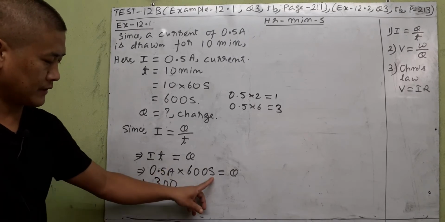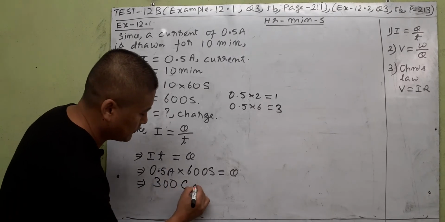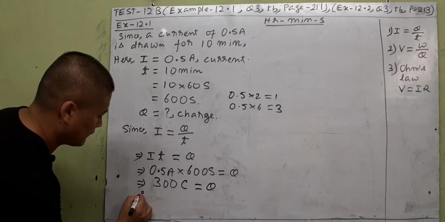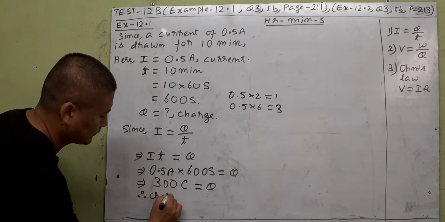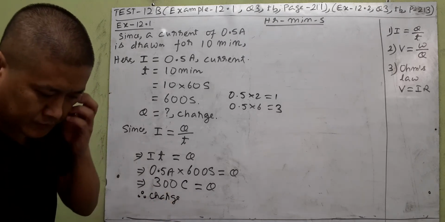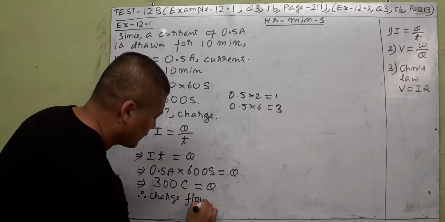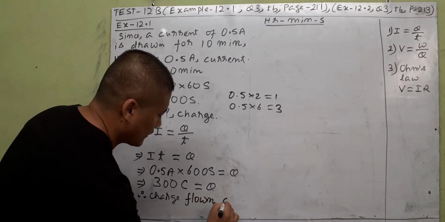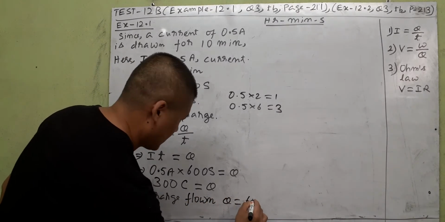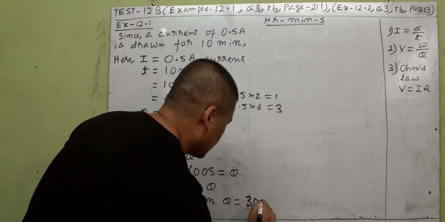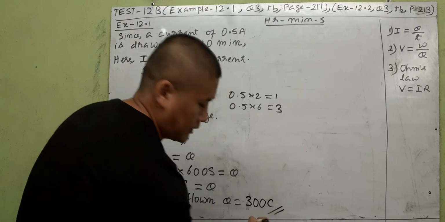Ampere into second is always coulomb. Therefore the charge flowing, Q, is equal to 300 coulombs in the SI unit. Capital C it is denoted by.